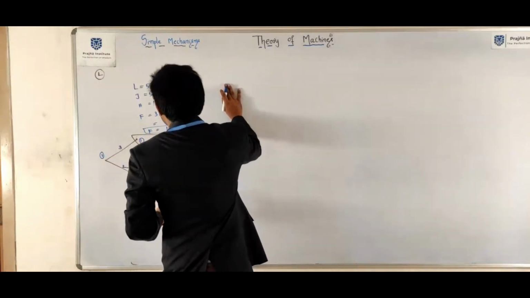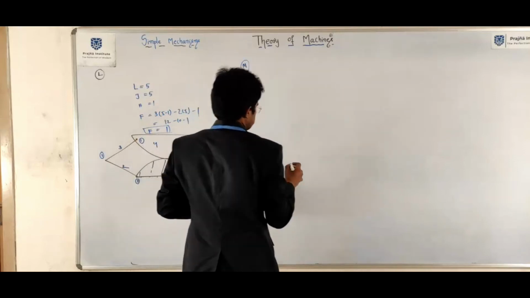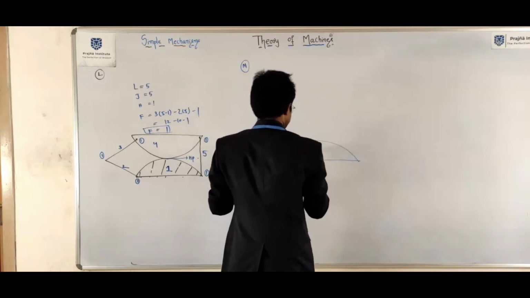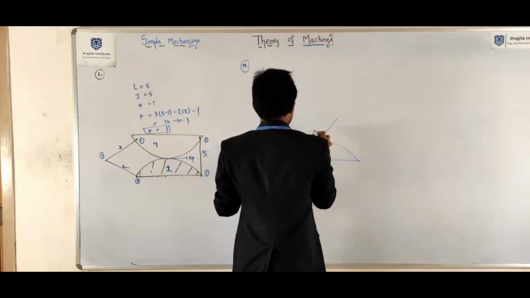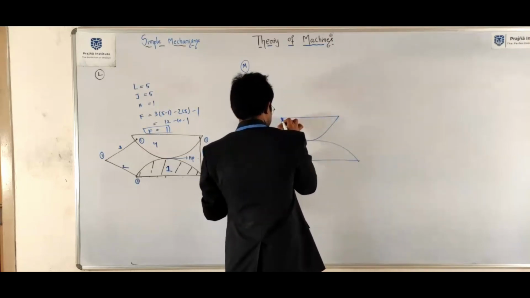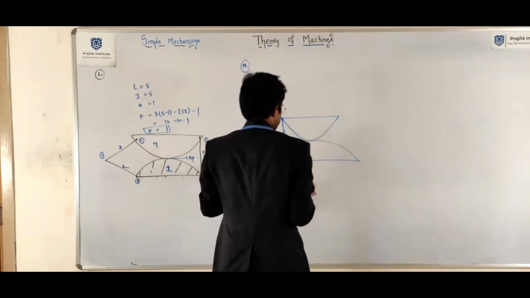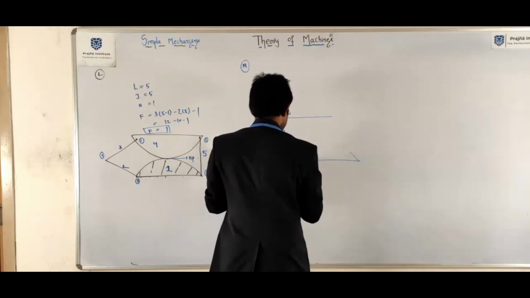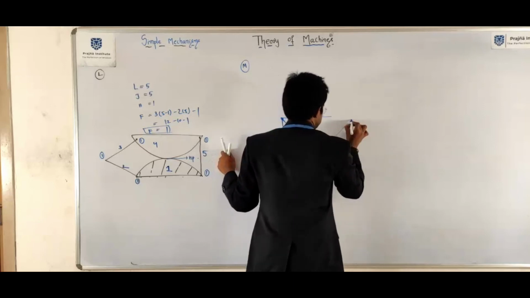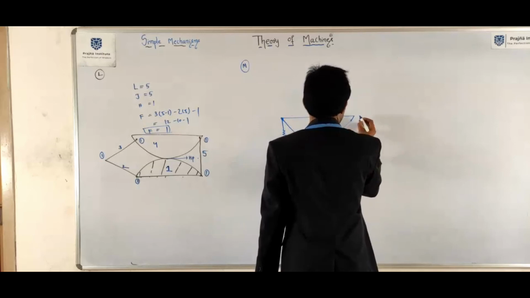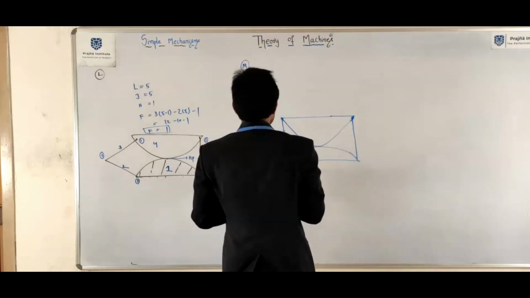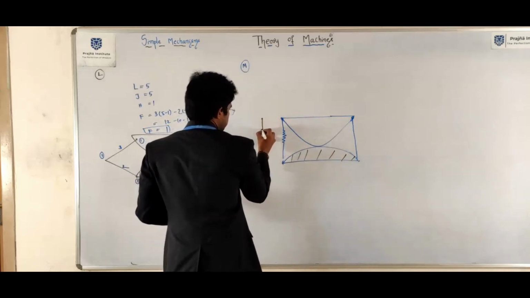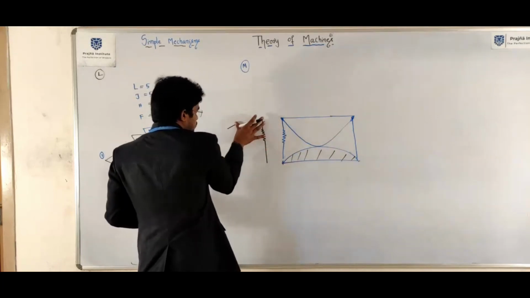Now, see this. One spring is equivalent to two lower pairs.